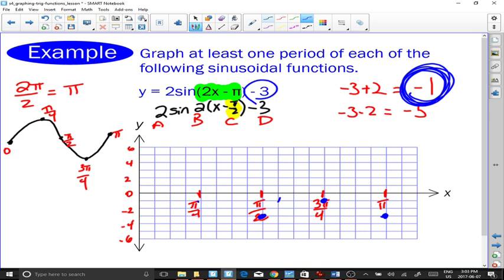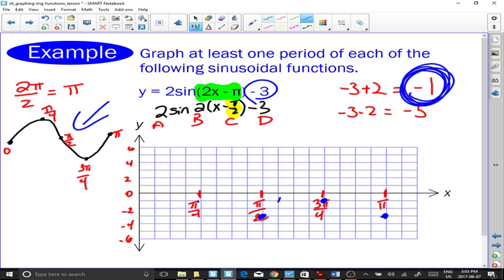Now, I understand that if we look at the black curve over here, there's 5 dots. So what we need to do is backfill the last piece of this to make one complete cycle or one complete period.